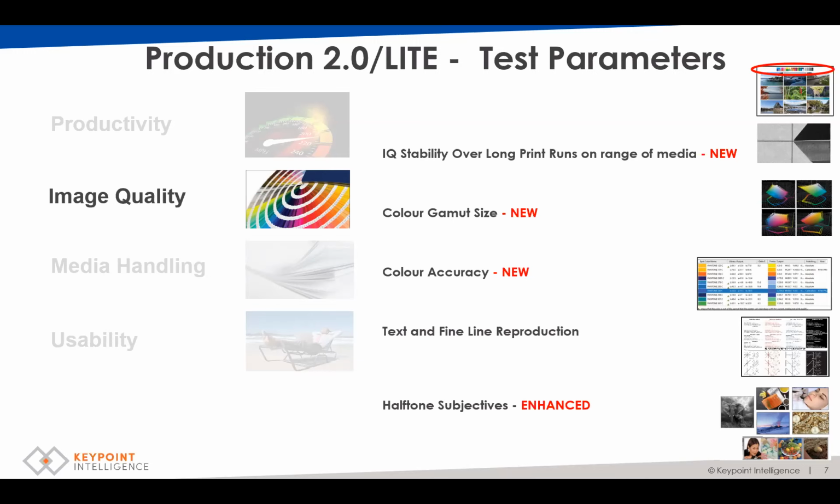We use monitors and special equipment or tools to measure the gamut, color drift, and color accuracy. For other test targets, we evaluate text and fine line as well as halftone.